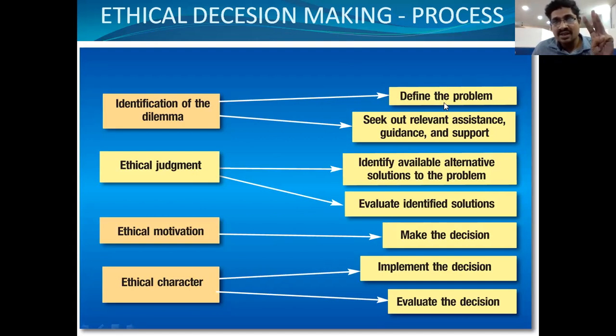The third thing is what is the risk of the problem? What is the loss we will get from this problem? We should understand these three parts in define the problem.